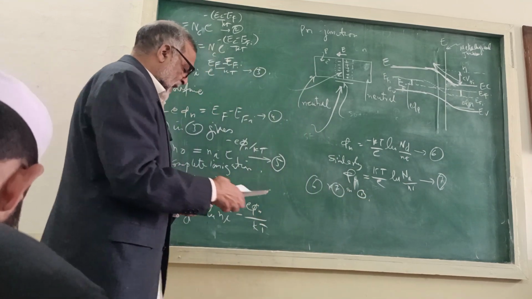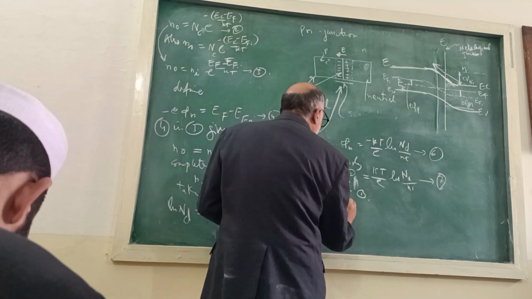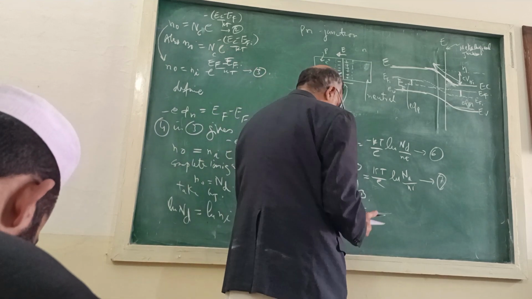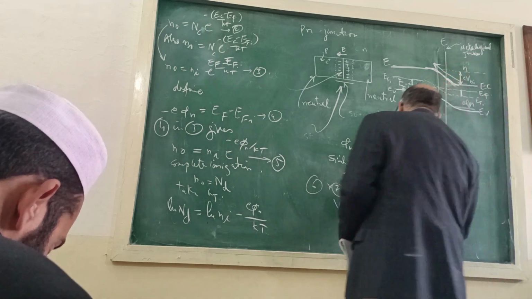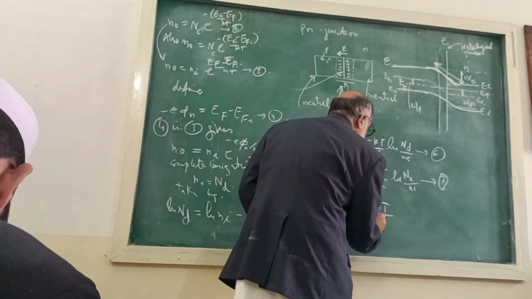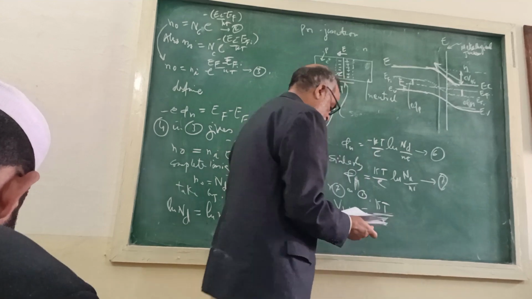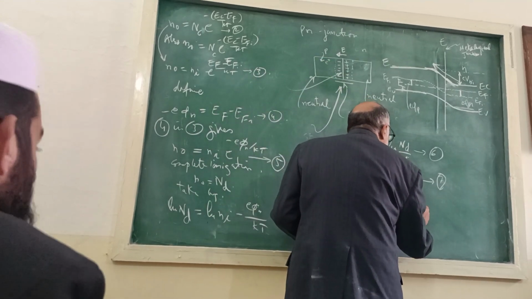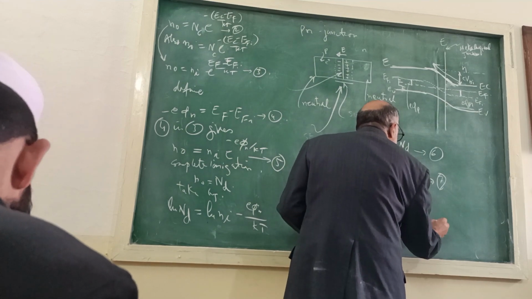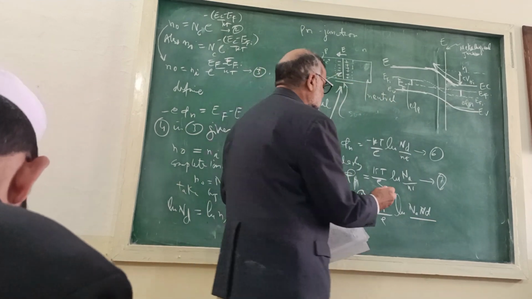So VBI, the built-in potential, will be equal to kT by E log of NA ND divided by ni squared.